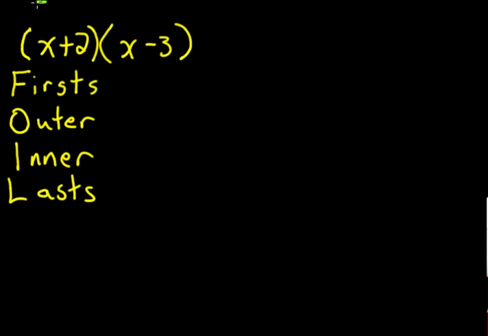Firsts are those two. And so the first in this case is x times x. Outers are the things on the outside. And so that is x times negative 3.